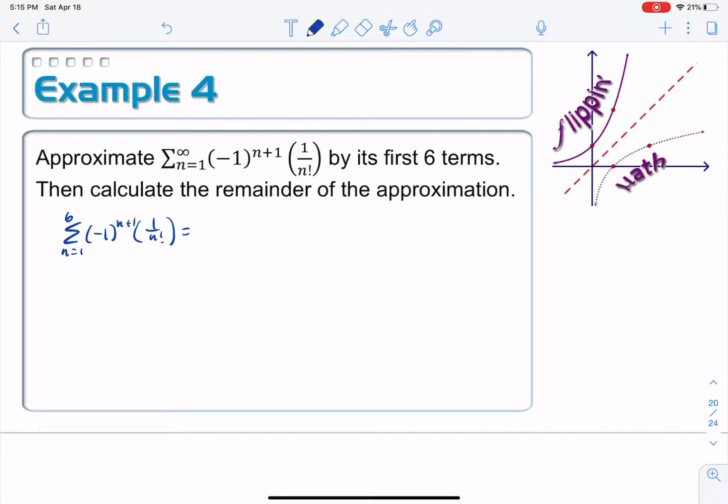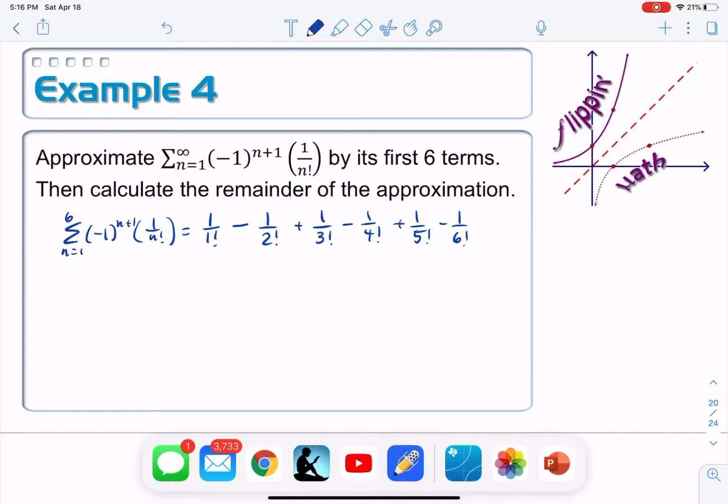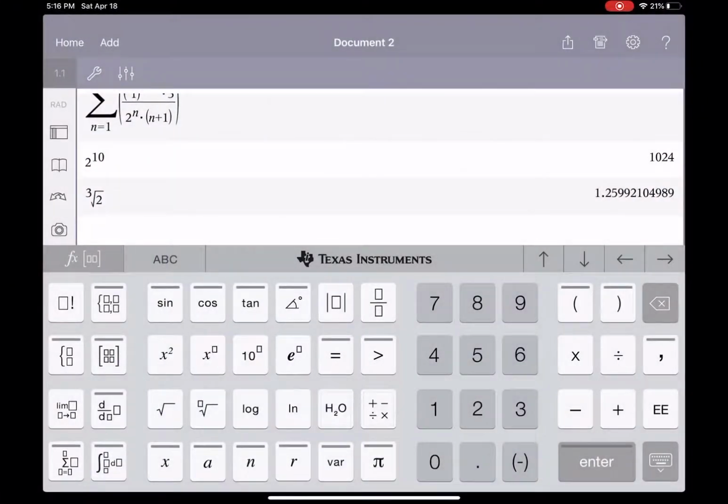Okay, so it's a positive 1 times 1 over 1 factorial, and I'll just keep it like that. And now they're going to alternate. The next one's going to be negative, because I'll stick in 2. 2 plus 1 is 3. Negative 1 to the third power, it's negative. 1 over 2 factorial, plus 1 over 3 factorial, minus 1 over 4 factorial, plus 1 over 5 factorial, minus 1 over 6 factorial. Whatever that approximates to, that's where the calculator is going to come in handy for sure.